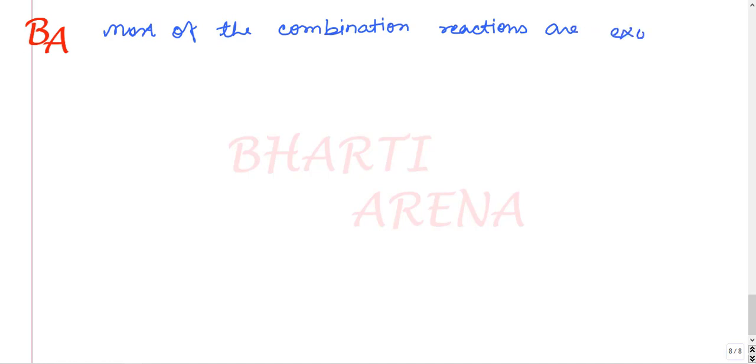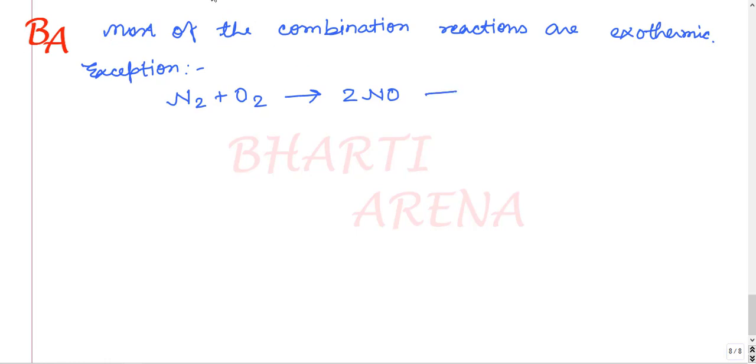There are actually several exceptions, but one exception we would like to put here as an example: nitrogen plus oxygen, when producing nitric oxide, is an endothermic reaction, sorry.